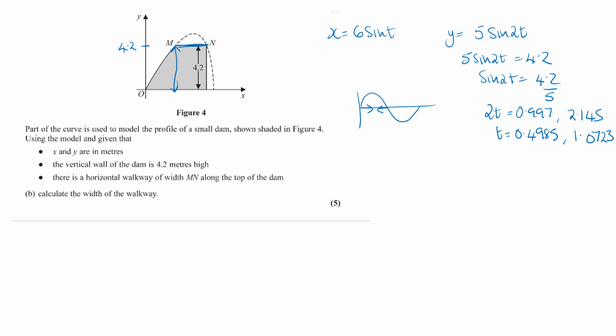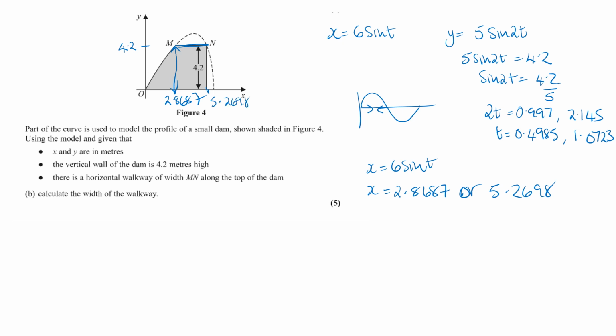and 1.0723. And then x is given by 6 sine t, so the x value at those 2 points is going to equal either 2.8687, which will be that point there, and then the other one, when we put that t is 1.0723, the other one will be 5.2698, which will be that point there.